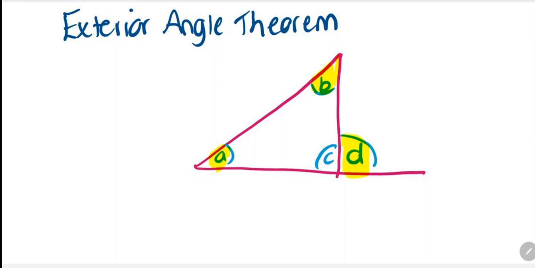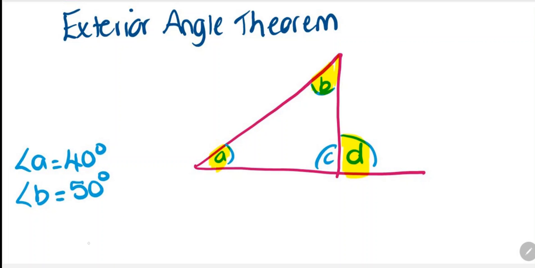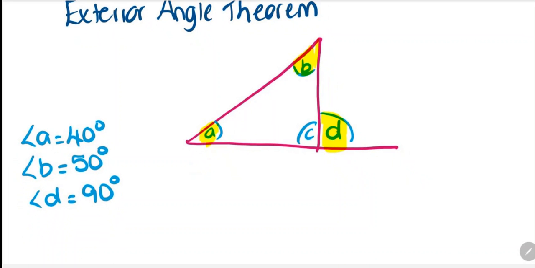If angle A is 40 degrees and angle B is 50 degrees, angle D is 90 degrees. So angle A plus angle B is 90 degrees, so that is correct.